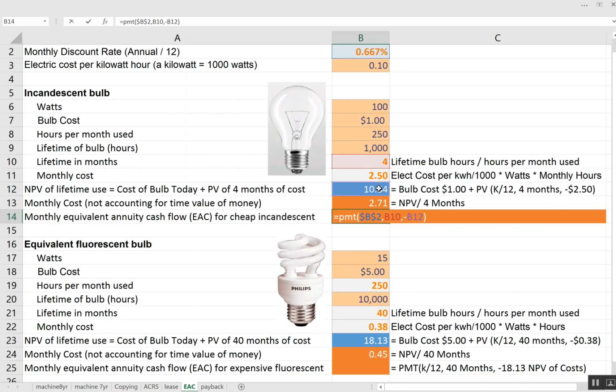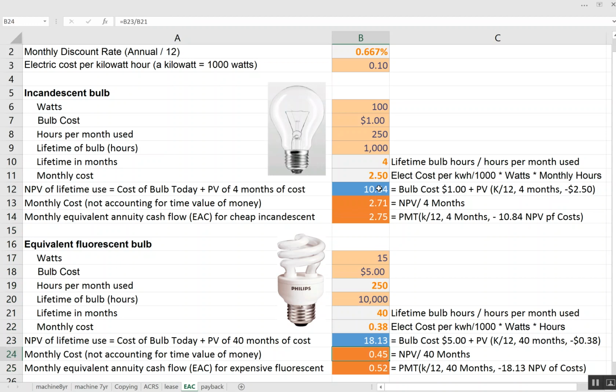What that's effectively doing is asking what payment I would have to pay if I borrowed $10.84 at my monthly discount rate. I'd have to make a payment of $2.75 a month. If I copy that formula, I'd have to make a payment of 52 cents a month.